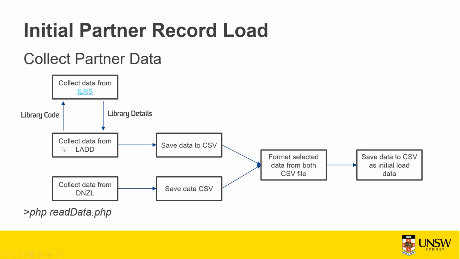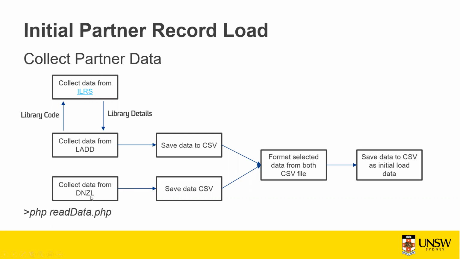After we get the library code from the LADD website, we pass the library code to ILRS to retrieve other library details such as address, emails, and telephone number. When all those data are available, we save the data into a CSV file.